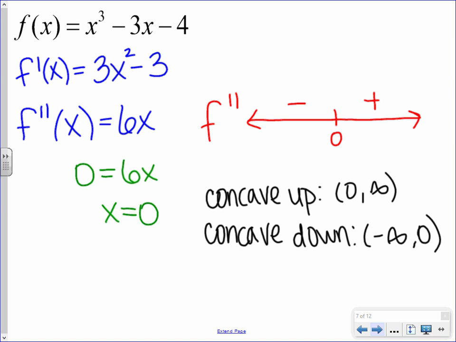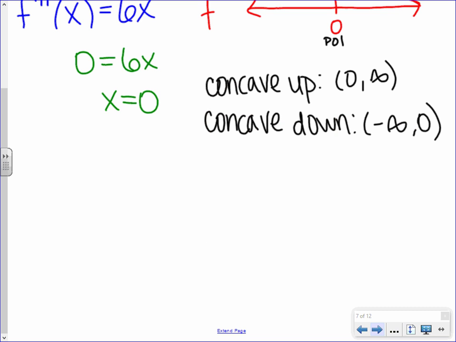Since we changed from negative to positive on our second derivative, we know that x equals 0 is where our point of inflection is. I'm going to abbreviate because that's a lot of letters to write. Point of inflection.